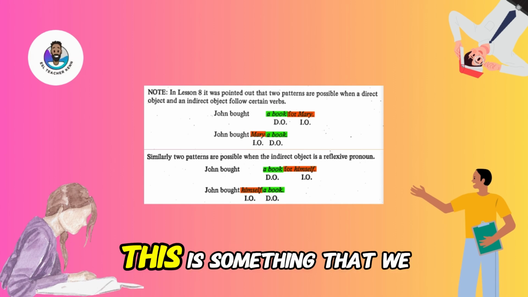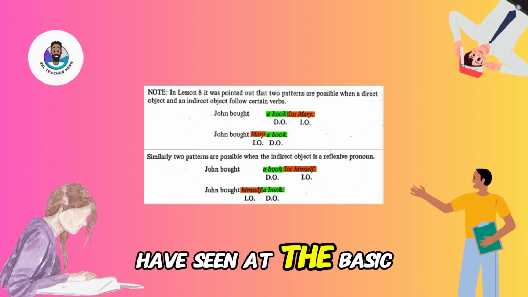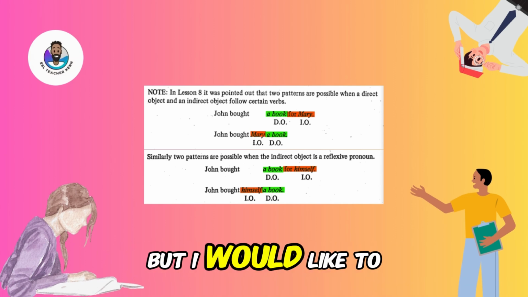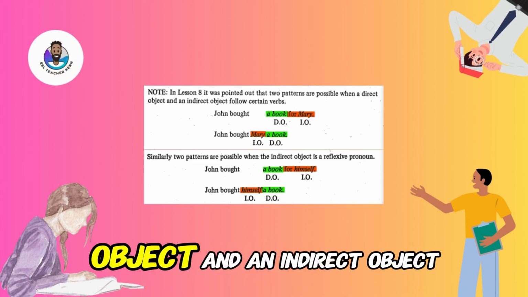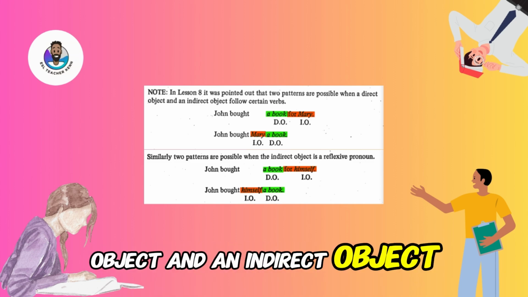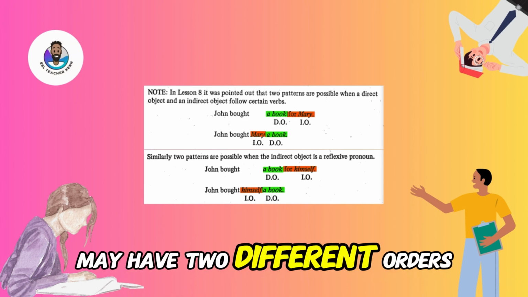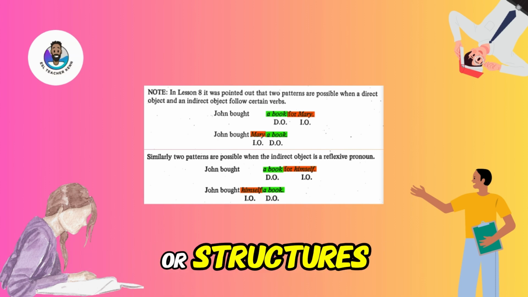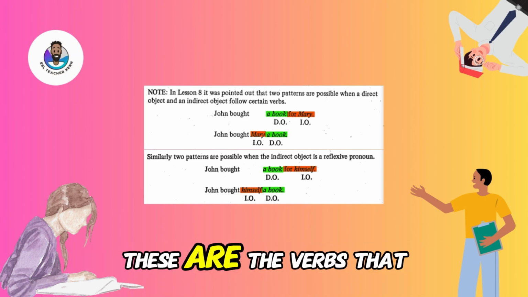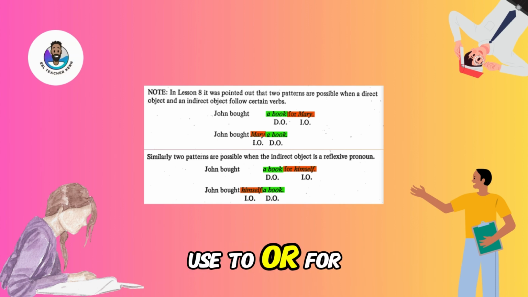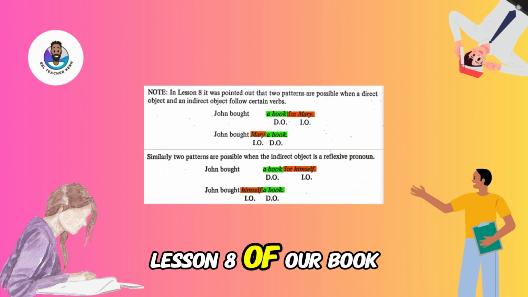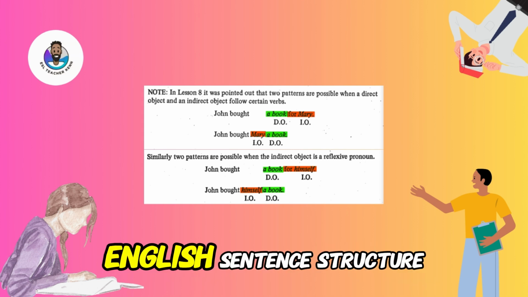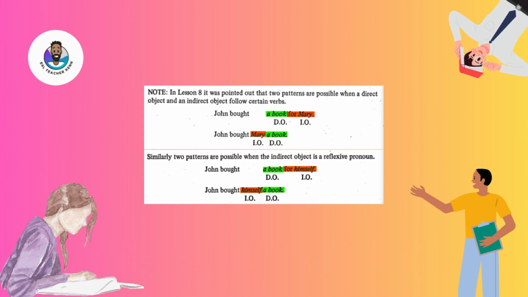I know this is something that we have seen at the basic level, but I would like to remind you that actions involving a direct object and an indirect object may have two different orders or structures. These are the verbs that use to or for, and we find them in Lesson 8 of our book, English Sentence Structure.